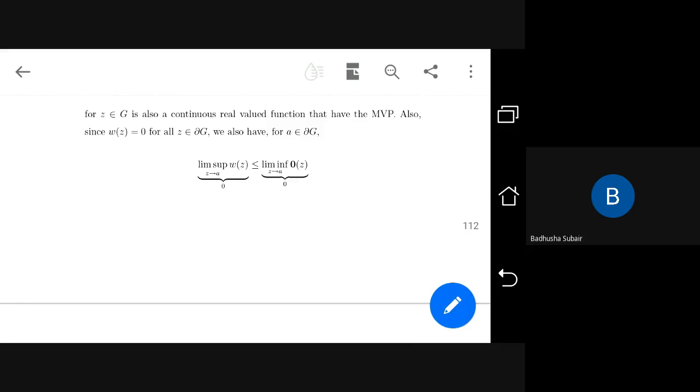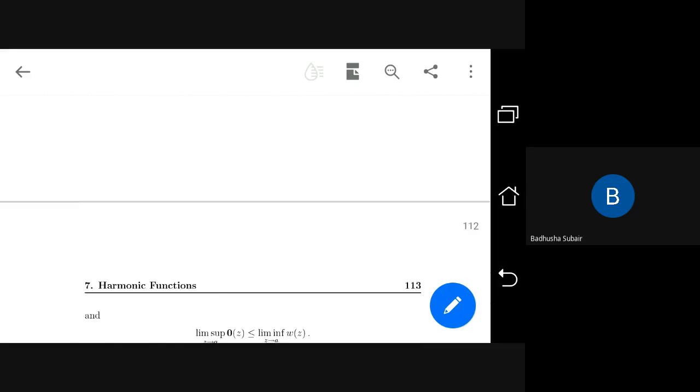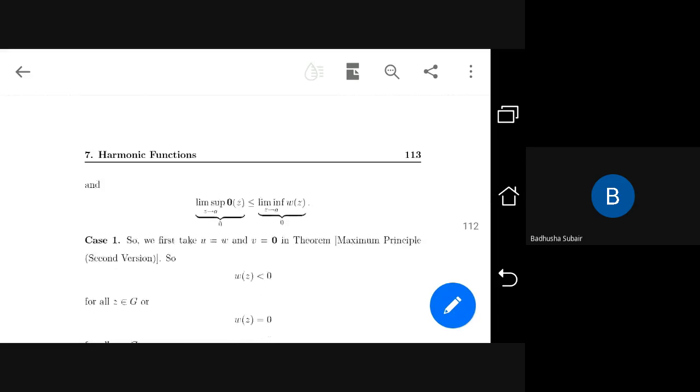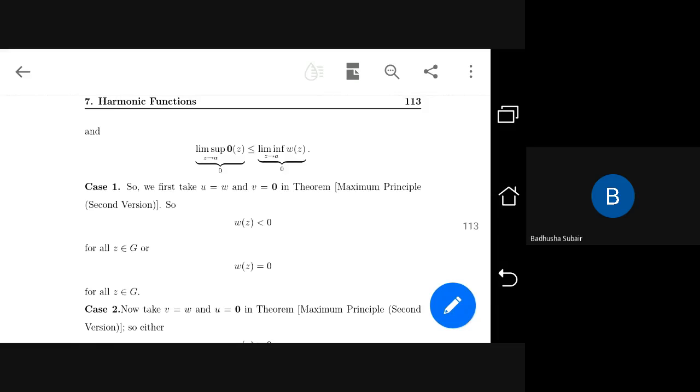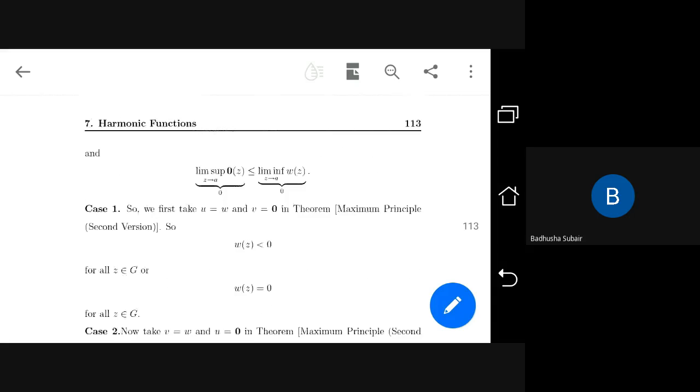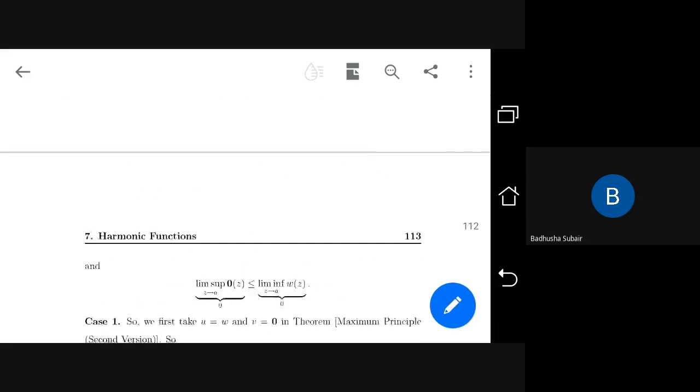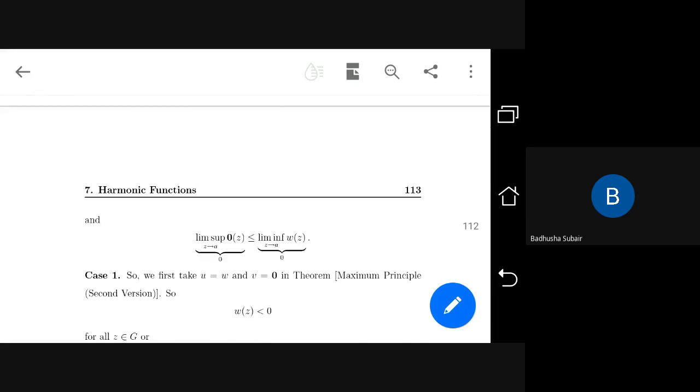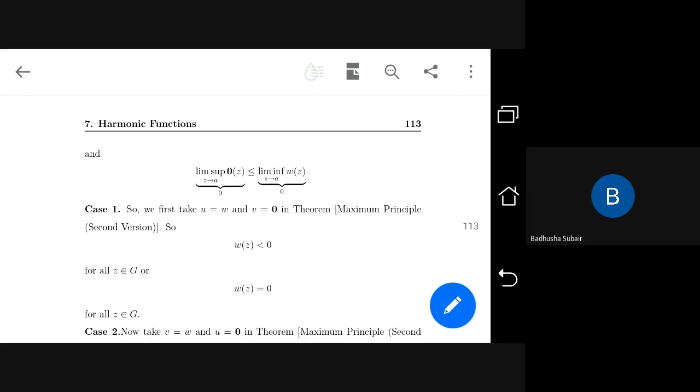Also the right hand side is 0 since 0 of z is the zero function. And also, limit z tends to a supremum of 0 of z is less than or equal to limit z tends to a infimum of W of z. Therefore, the conditions of the maximum principle second version are satisfied.